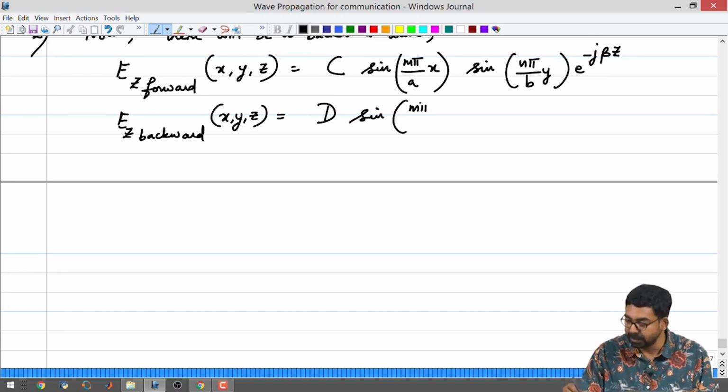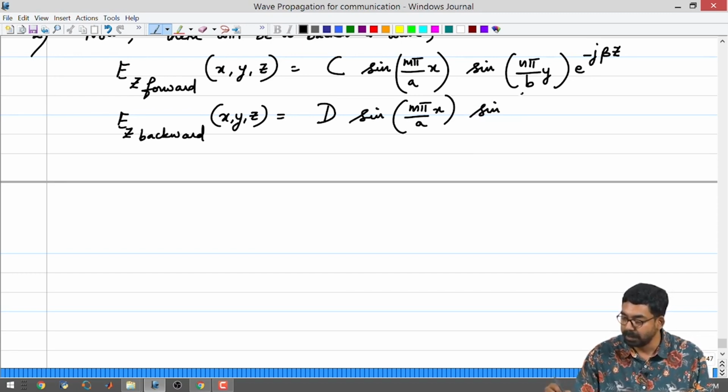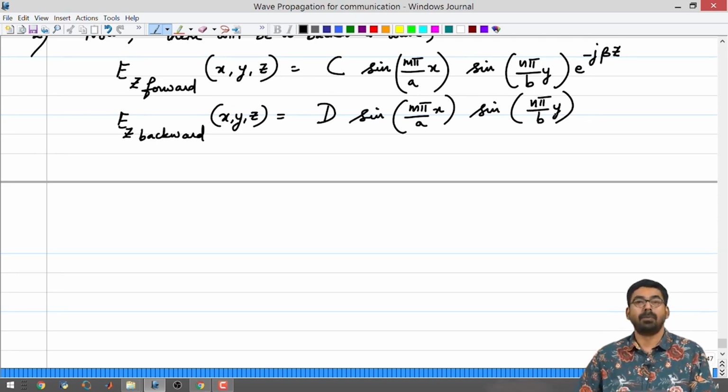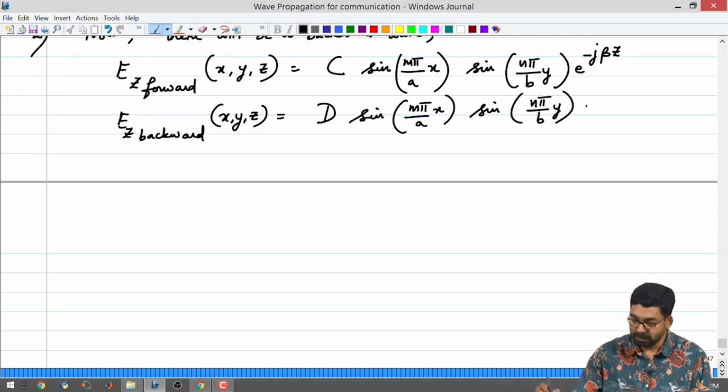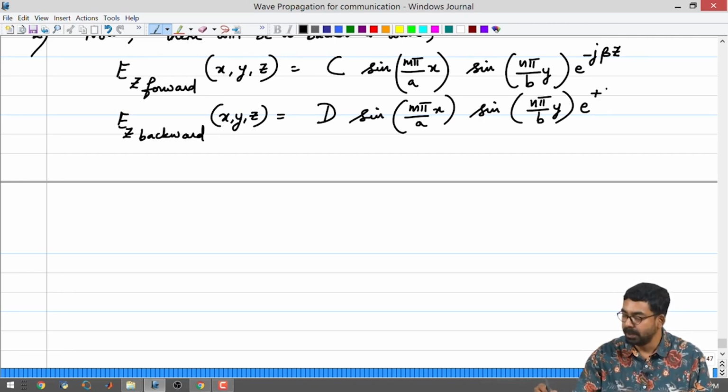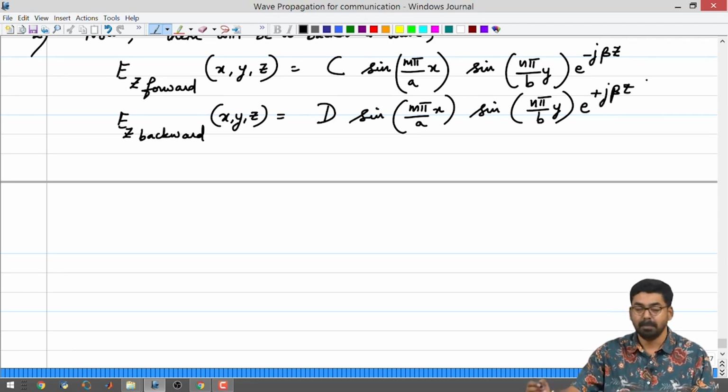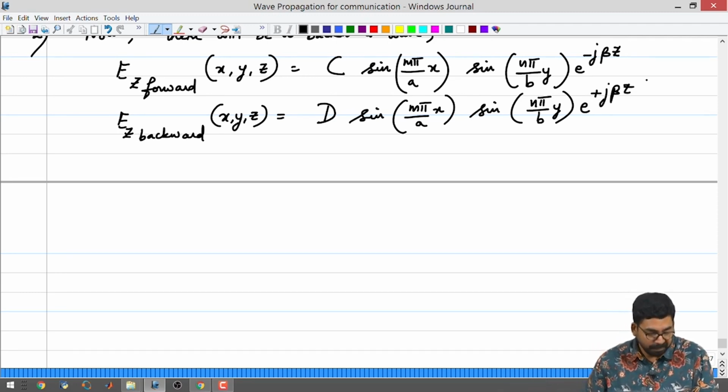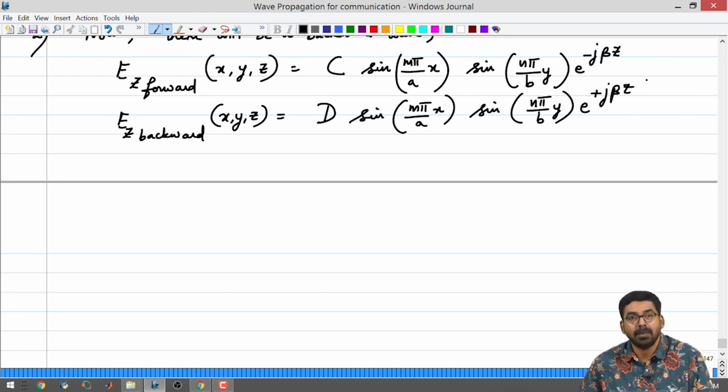So, I do not have to change the first two parts which have the sinusoids, because this is fixed for the forward and the backward wave. The only thing that is going to change is, just like in transmission lines and plane waves, we denote the backward travelling wave with e to the plus j beta z. With respect to the cross section, the patterns will be the same, but with respect to the direction of propagation, we definitely have a change. The forward wave is going in the positive z direction, the backward wave is travelling in the negative z direction.